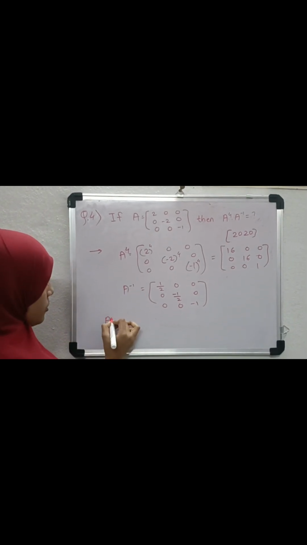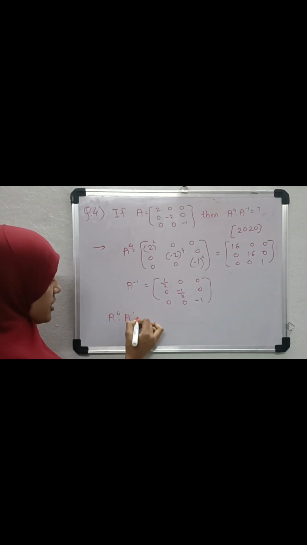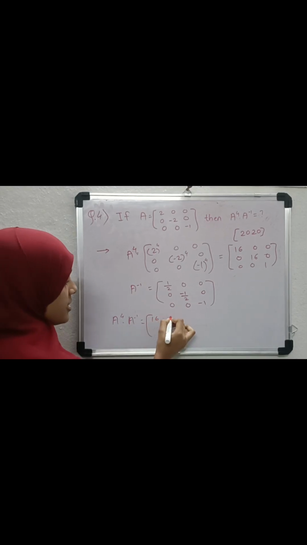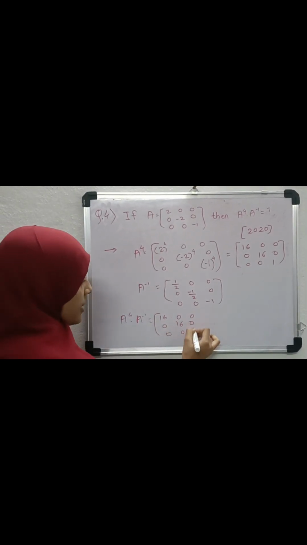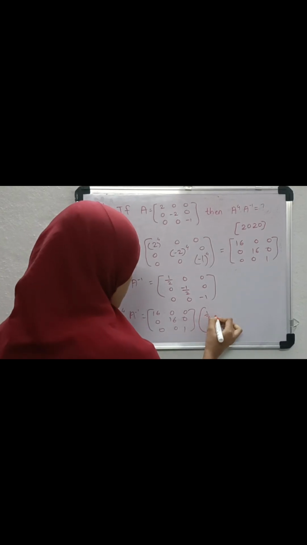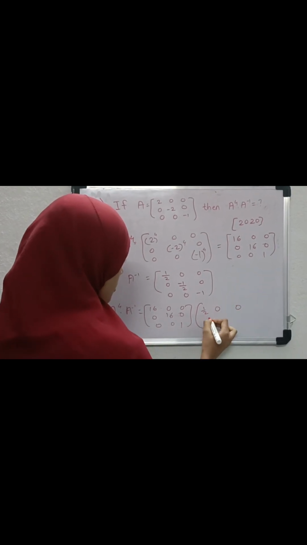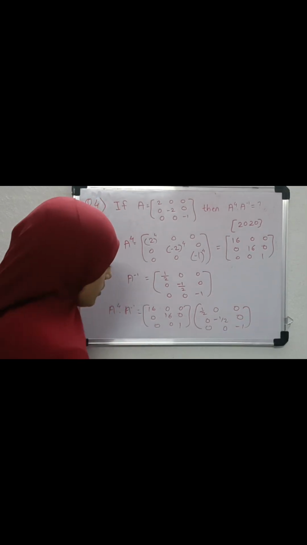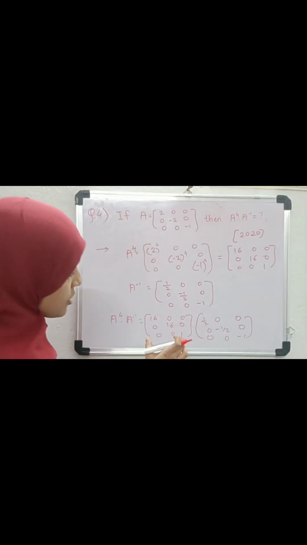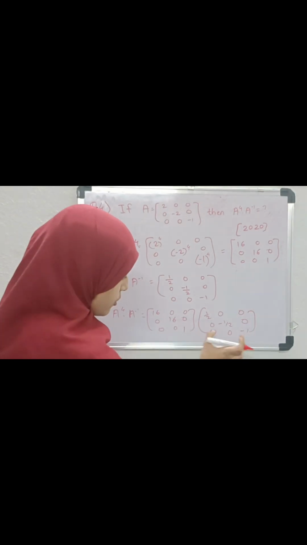So A to the power 4 into A inverse will be 16, 0, 0, 0, 16, 0 and 0, 0, 1 into 1 by 2, 0, 0, 0, minus 1 by 2, 0, 0, 0, minus 1. We know that this is a diagonal matrix and this is also a diagonal matrix.